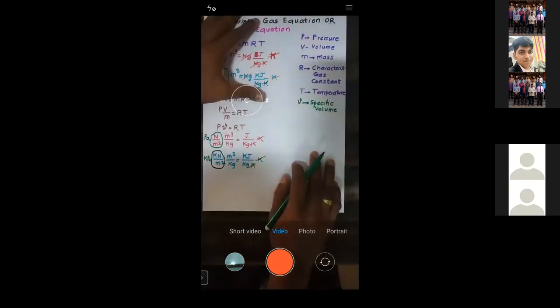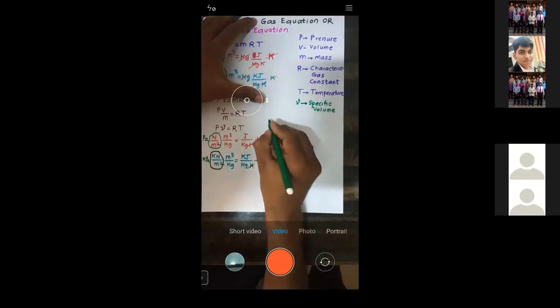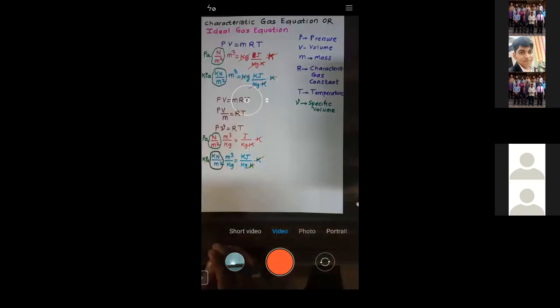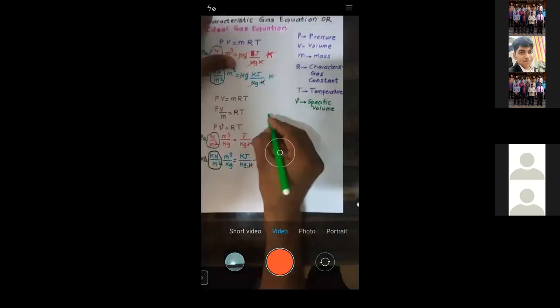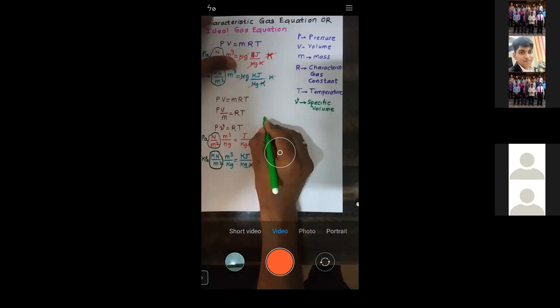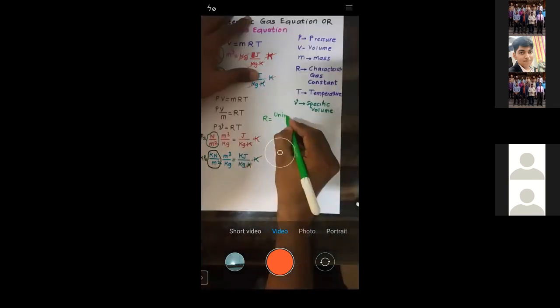The value of the characteristic gas constant, indicated by R, is given by the universal gas constant upon molecular weight.